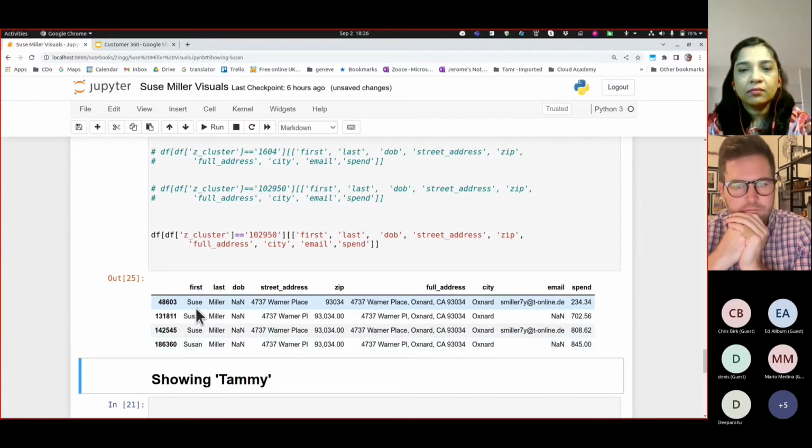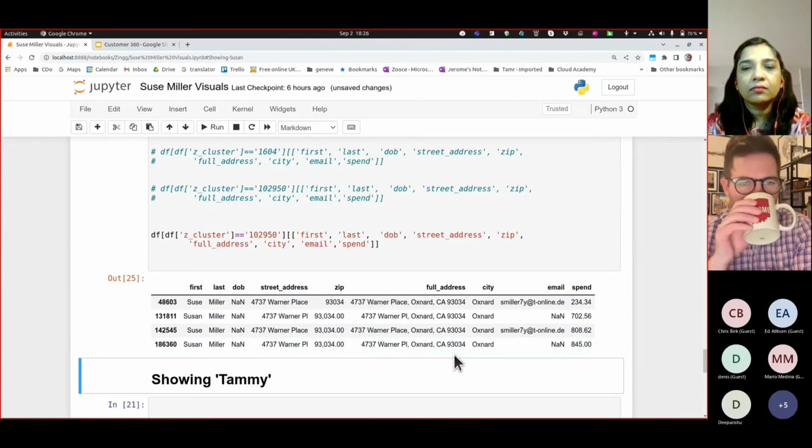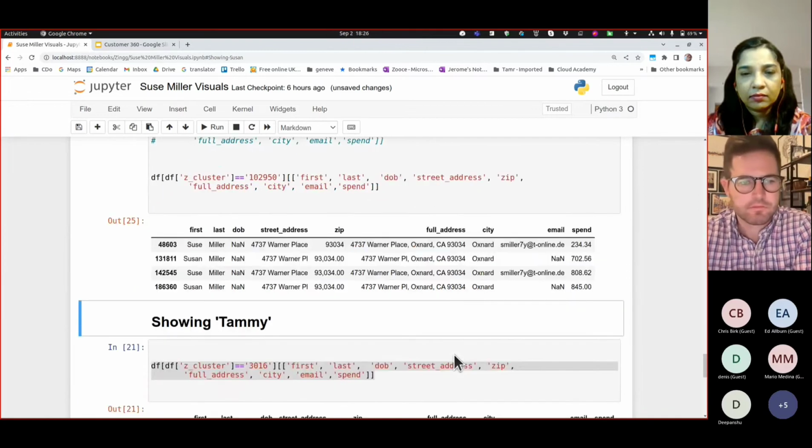But you see, her name is Suze Miller. We might have Susie Miller sometime. The address is the same. It is definitely the same person. The only thing is a different way of writing the address. So it's a very simple case here. But Zingg put them together, and it makes a change.